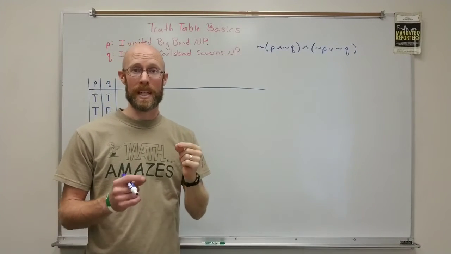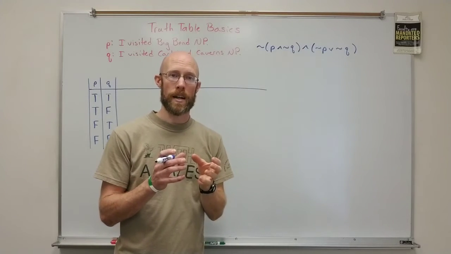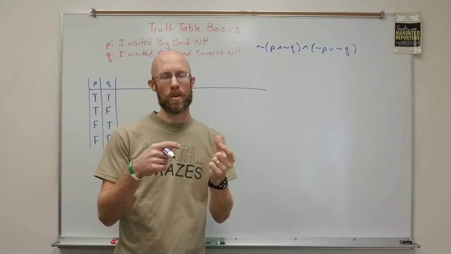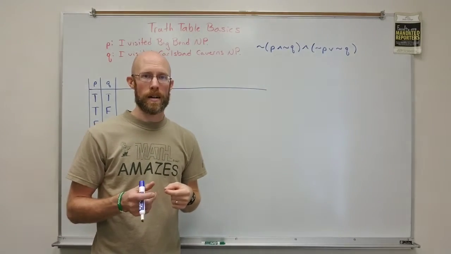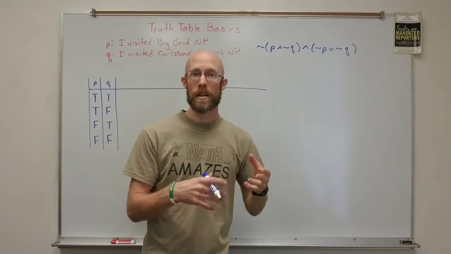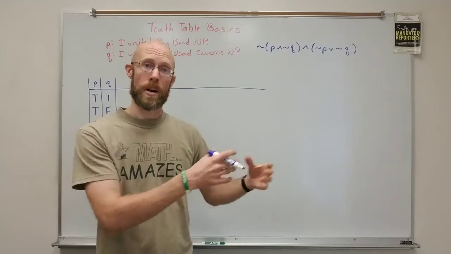So that would be the negations. So anything that has a negation on it, we start with those columns. Then you go to the conjunctions and disjunctions, and then later on, not now, we'll talk about conditionals and biconditionals, and we'll start adding those in as well.